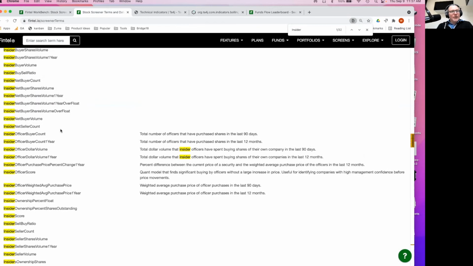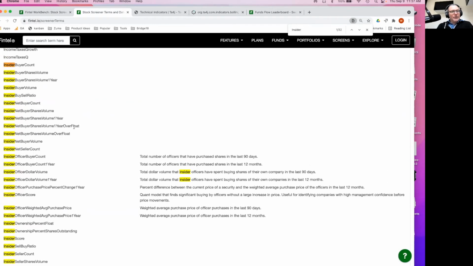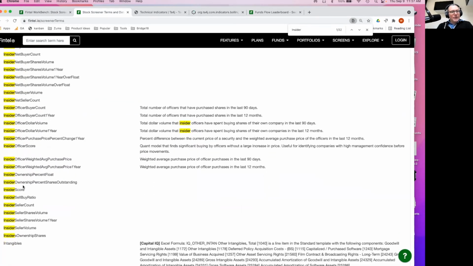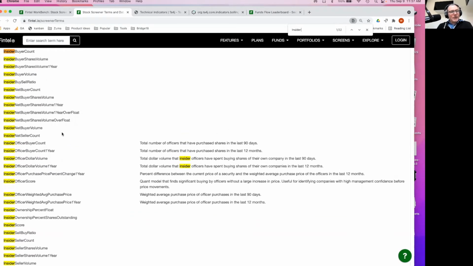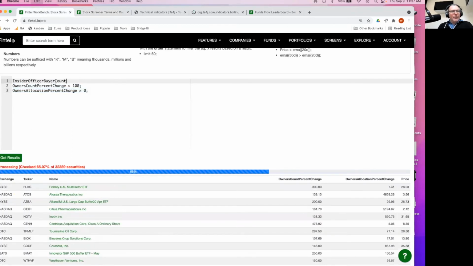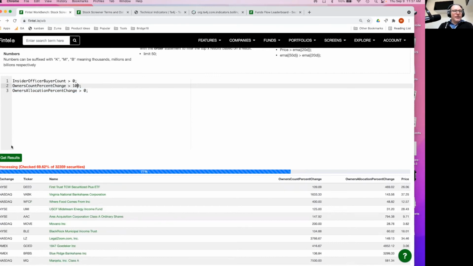I can find officers. I can find out what the average purchase price is of the officers. I can compare that to the current purchase price. I can say what is the officer buyer count, so how many officers have bought in the last quarter or so.